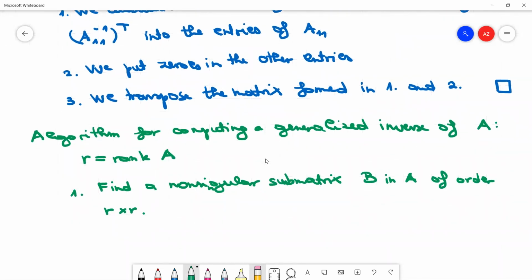So in case 1, it was just the left upper corner, and in case 2, it was some R times R submatrix.